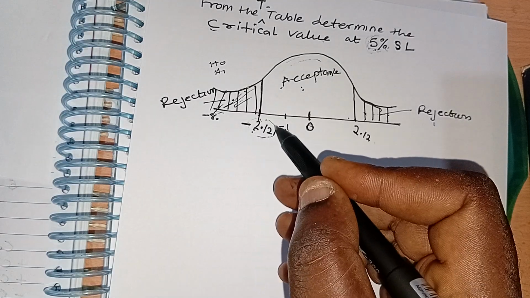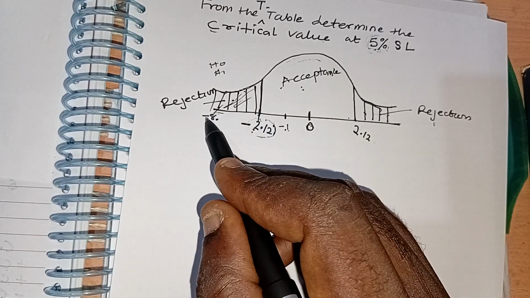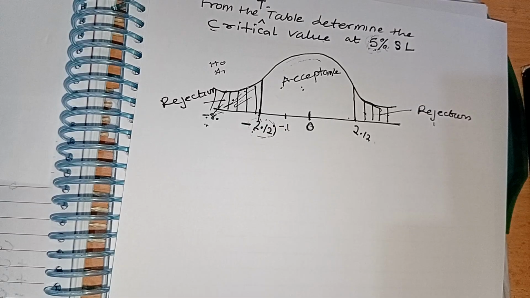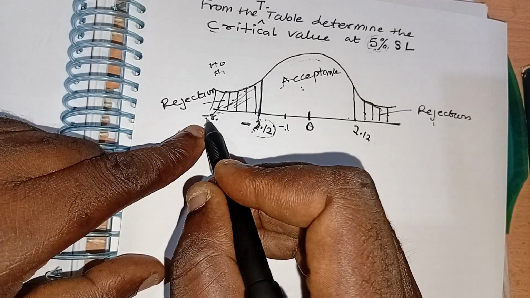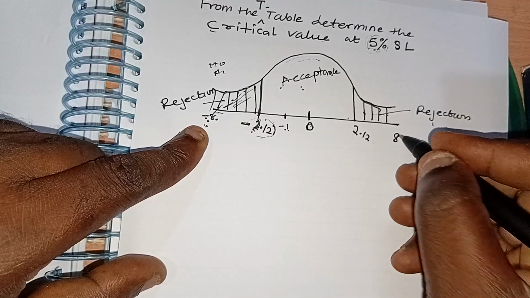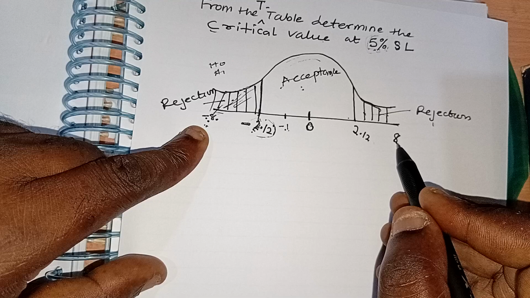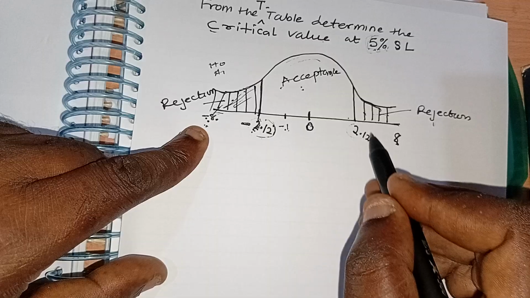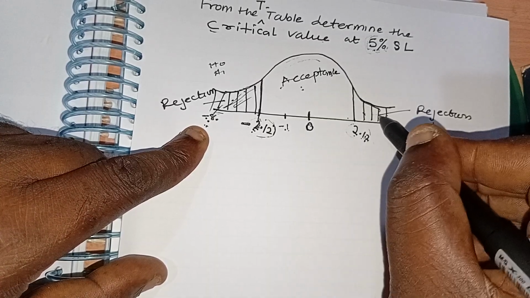Even if you are considering the positive, 8 is greater than 2.12, so it will still fall in the rejection region.